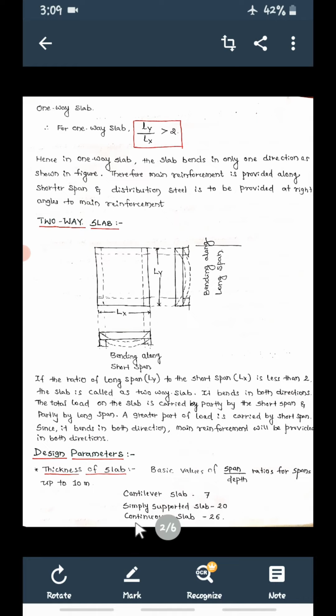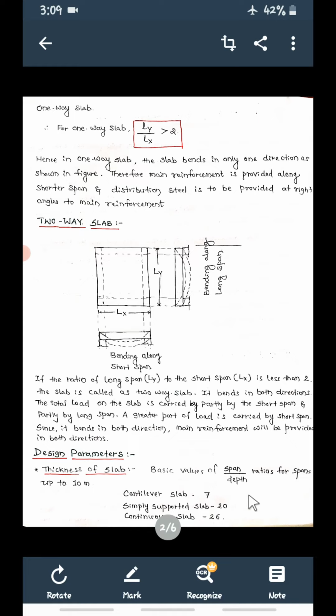If it is a continuous slab, the slab which runs continuously over a number of supports, span by depth ratio will be 26. Remember the same table we used in the previous case: simply supported 20, cantilever slab 7, and continuous slab 26.